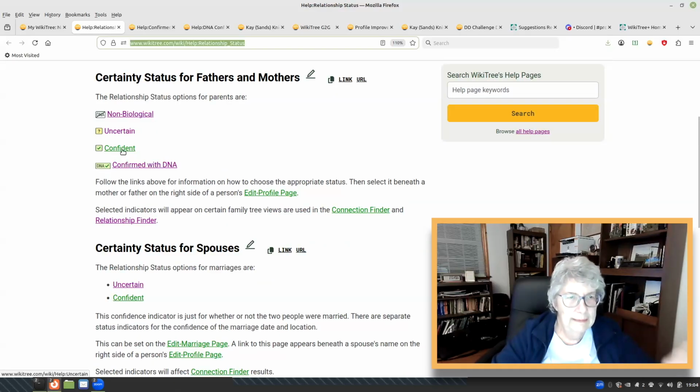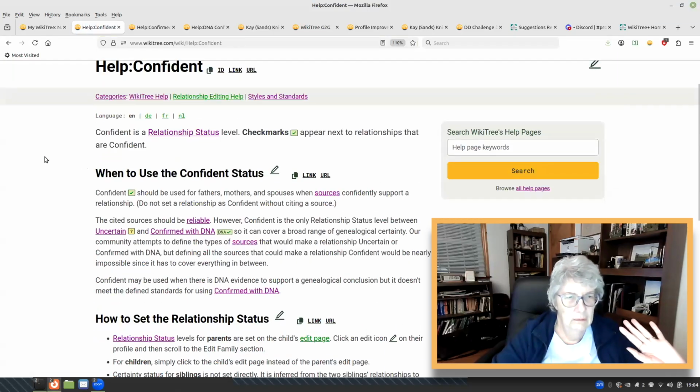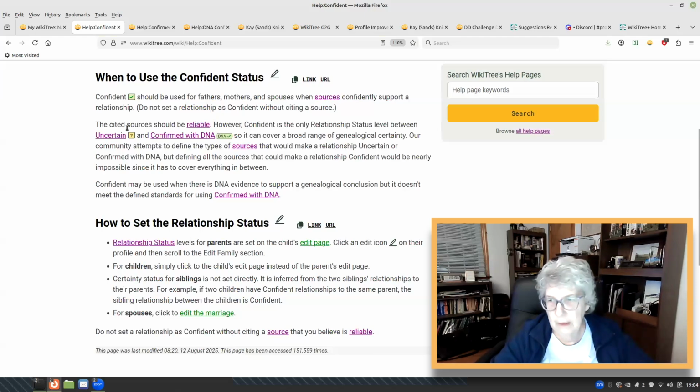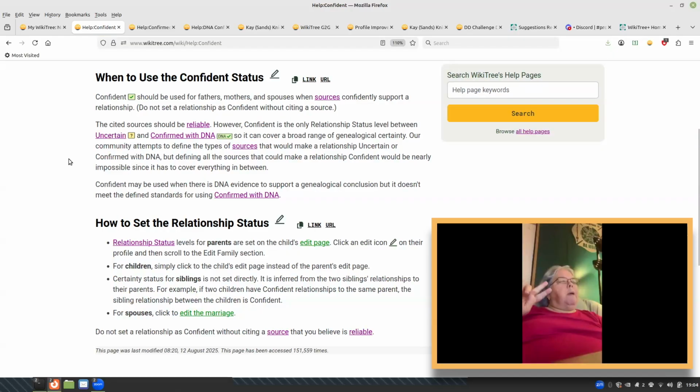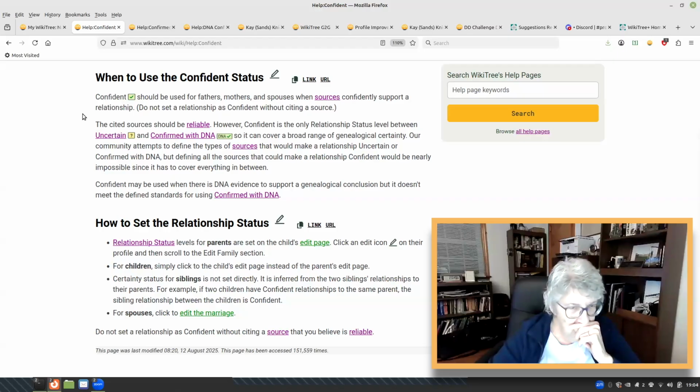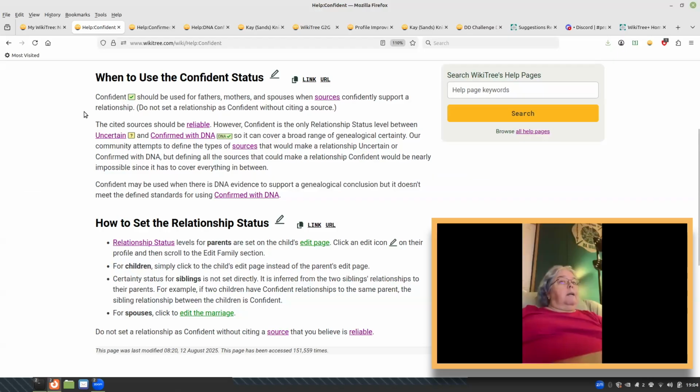If you follow the link on those, it explains what makes it confident. You have a reliable source, or you have enough sources. A reliable source for the parent-child relationship. You might have a reliable source for a marriage, but if it doesn't tell who the parent-child is, it's not a reliable source for this.